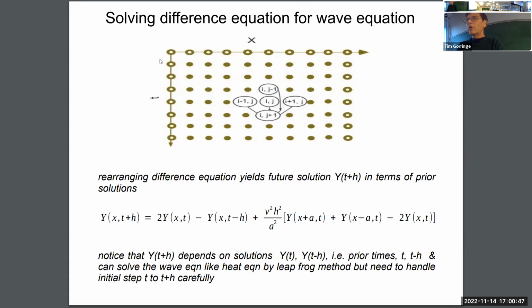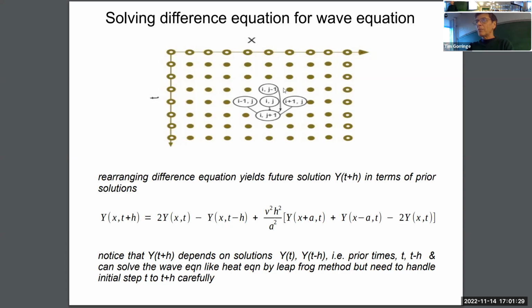So if you look at this plot, this is discrete space and time. Horizontally is at discrete space points. So this is from the left to the right, from one end of the string to the other end of the string. And from upstairs to downstairs is from early times to later times. So we're trying to calculate the value of the function that corresponds to the wave on the string at this particular location, i, and at this particular time, j plus 1.